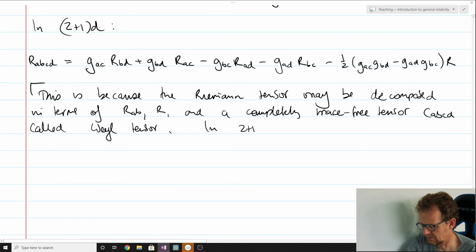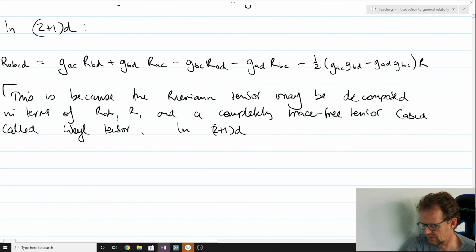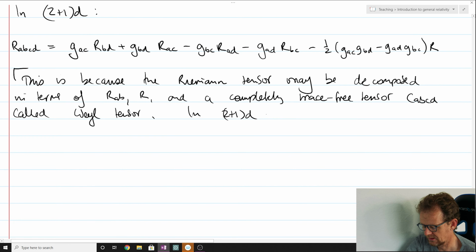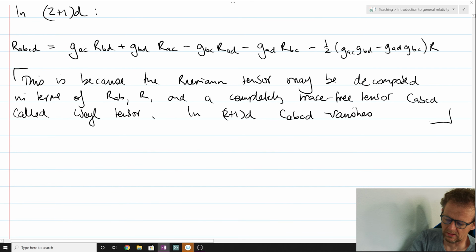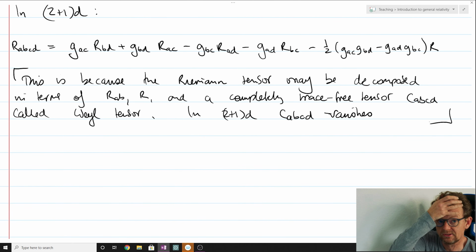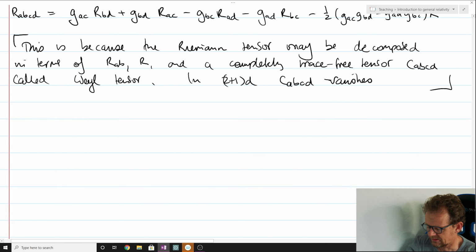Then you note that in 2 + 1 dimensions this Weyl tensor vanishes, and that leads to the equation that I wrote above. To convince yourself of that, just look at the number of independent degrees of freedom of the Riemann tensor and do a count, and you will quickly convince yourself that there's no more information that can be added. All right, that's a side remark if you're interested in following this up.